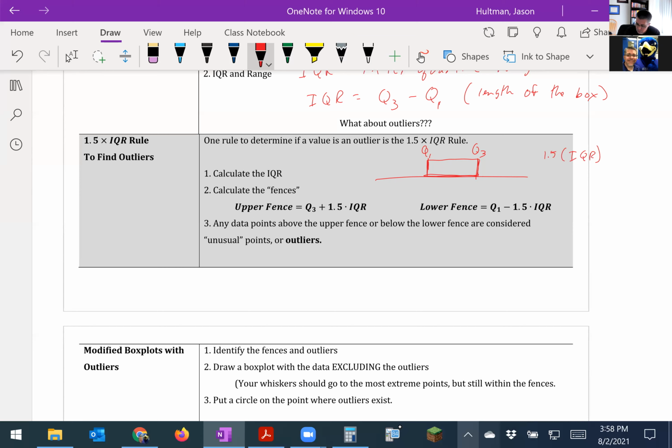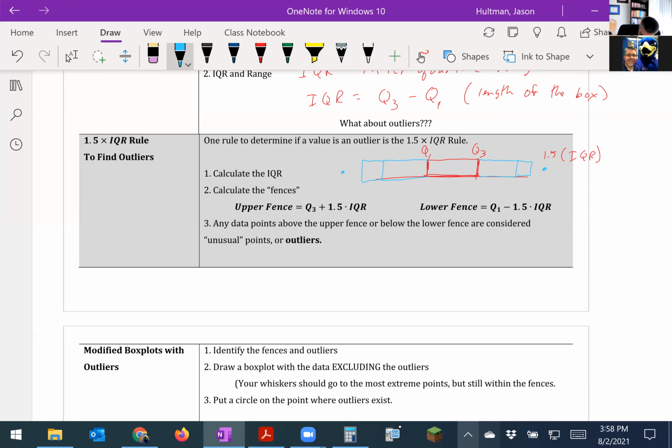I'm going to take one of these boxes and add it here, and then take another half box. If my data point is outside of that, that's an outlier. If a point is 1.5 IQRs above Q3, it's an outlier, and if it's 1.5 boxes below, that's also an outlier.